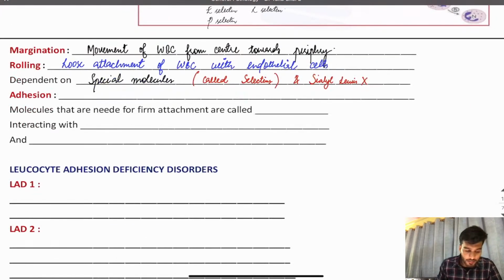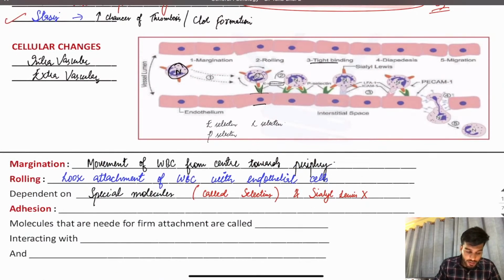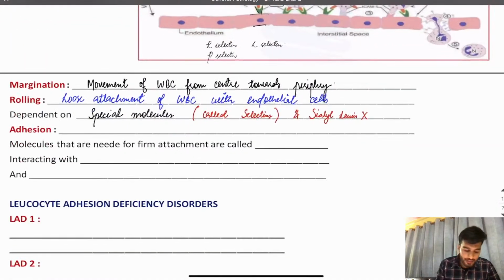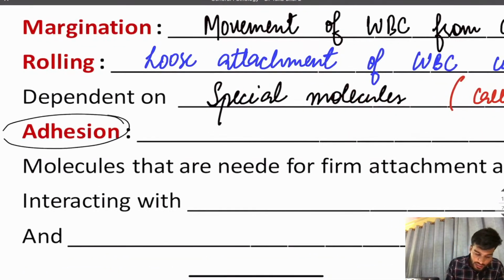Then the next step, guys: after the loose attachment, there will be a firm attachment of WBC with the endothelial cells. Such a step is called adhesion.